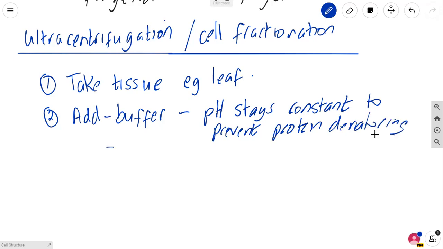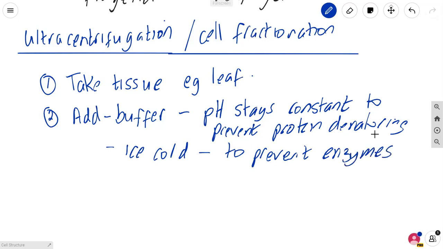It's got to be ice cold, and that's to prevent your enzymes from functioning so that they don't break down the organelles.